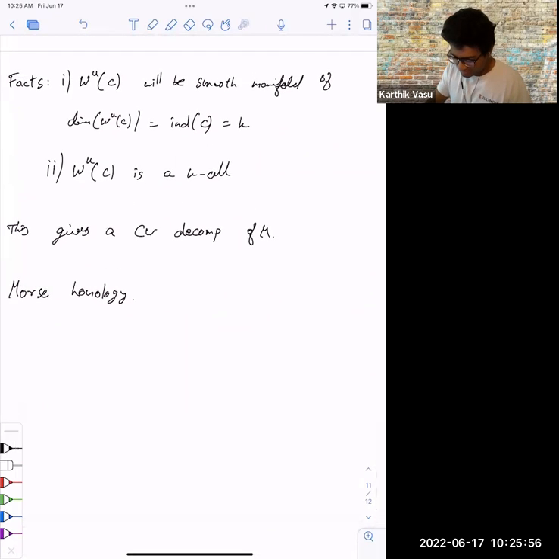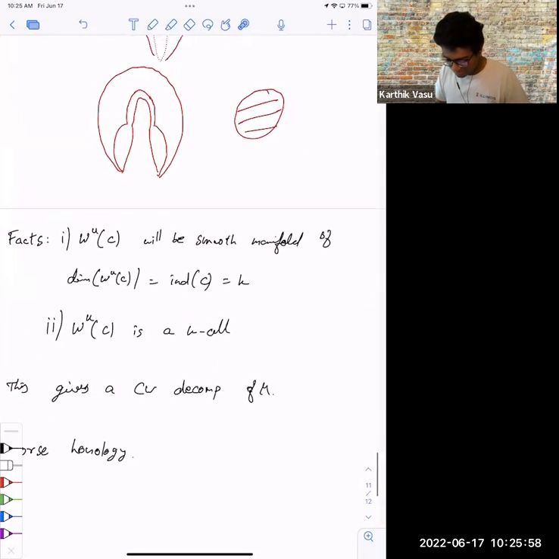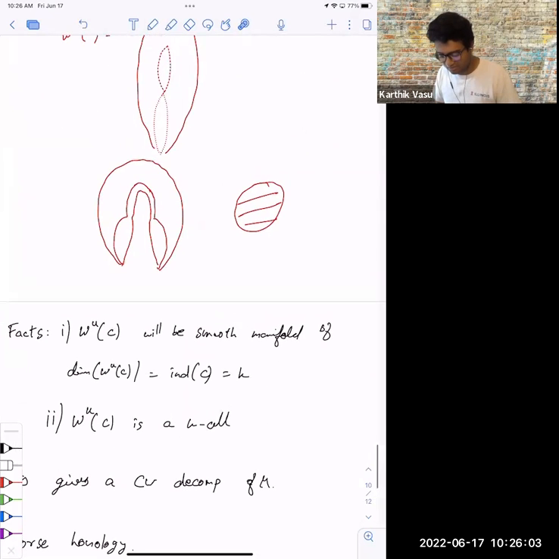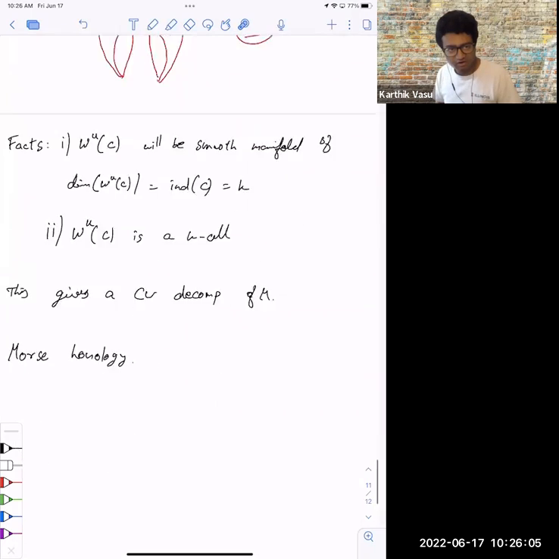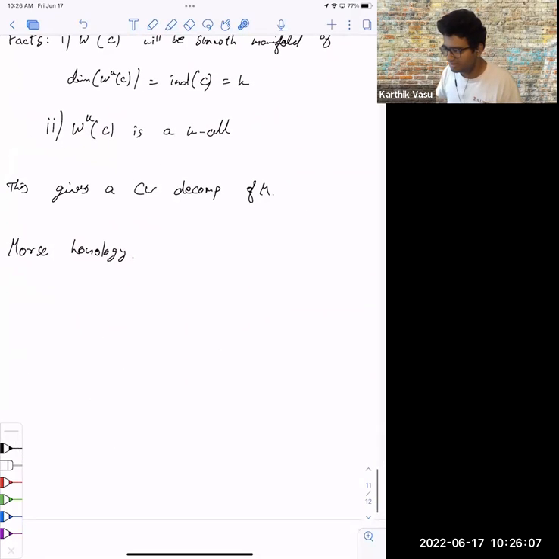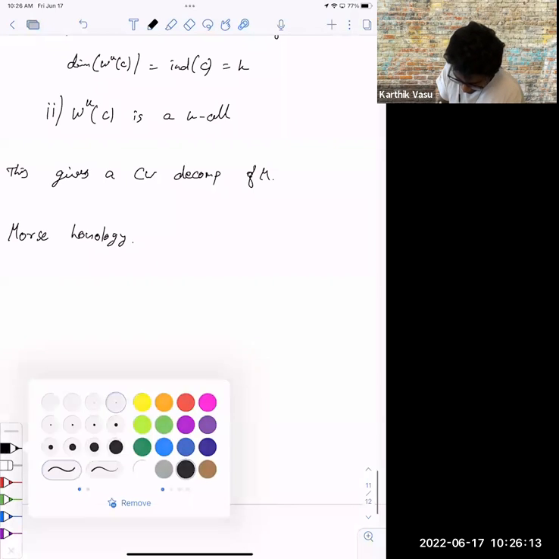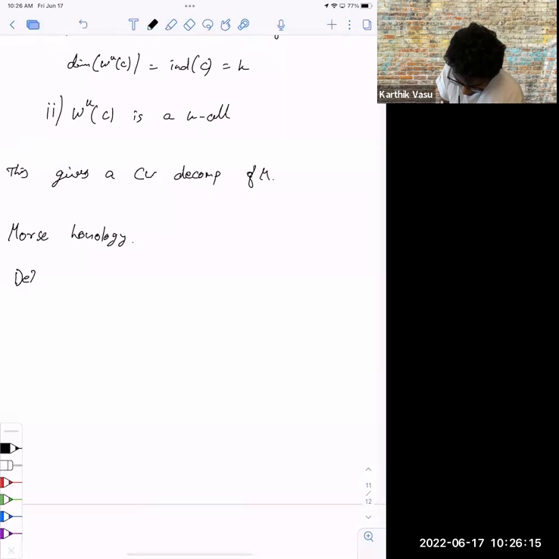This thing that it computes homology is not something related to Morse theory, because we already got a CW decomposition, it will automatically compute the homology. But there is a different way you can look at the homology here, or different way you can look at the complexes. So the definition is, let A and B be critical points.